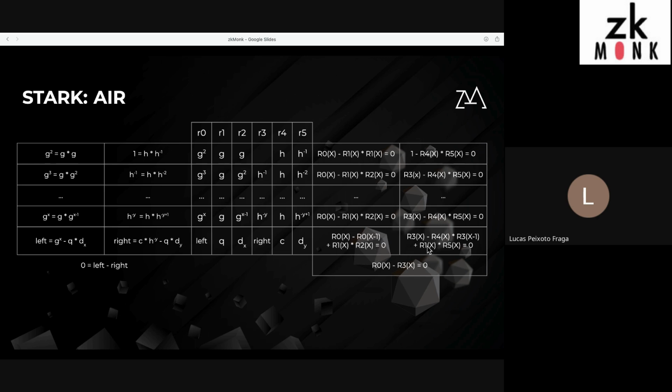And here we can even model this equation on the same row. We can put 3 equations on the same row, because all this needs is left and right, and left and right have already been computed here. So we can just access these values and see if they match.